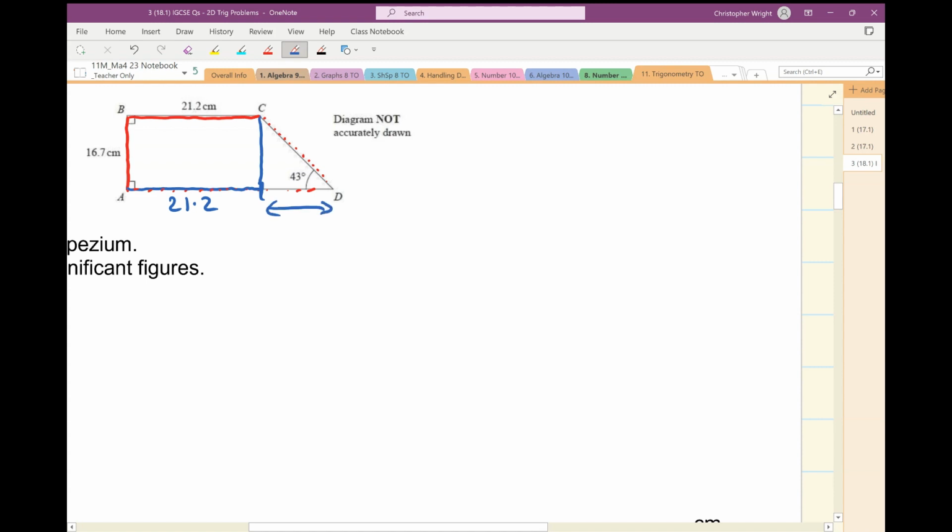But I can see a right angled triangle. The right angled triangle is just at the end of the trapezium. It's this one here. There's the right angle. That's 43. Okay, this is my mystery length X. Now, do I know any other lengths of that right angled triangle? The answer is I do, because that's 16.7, and so is that. So that's 16.7 there. Okay, so how am I going to find x in that case? Well, I'm going to use tan, and I find the adjacent.